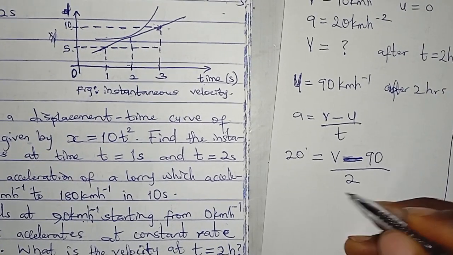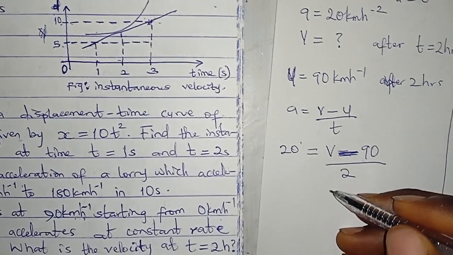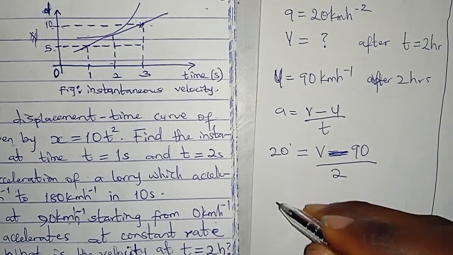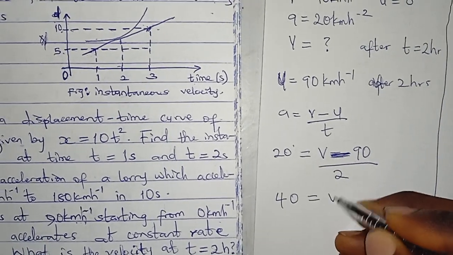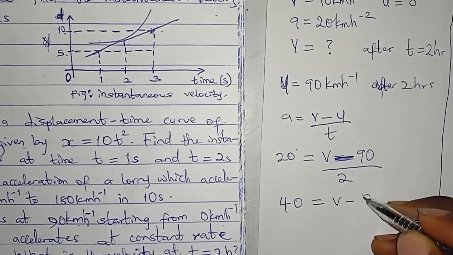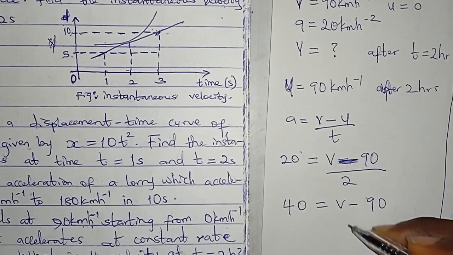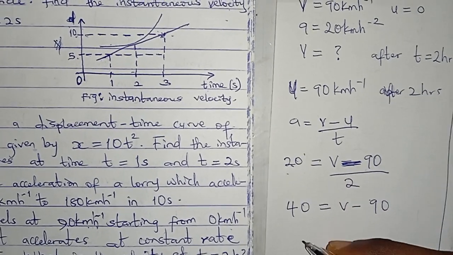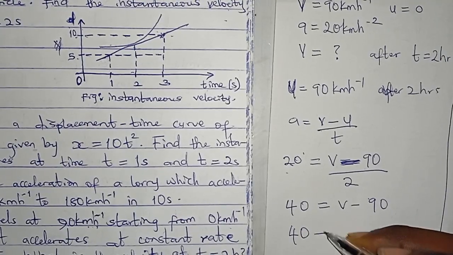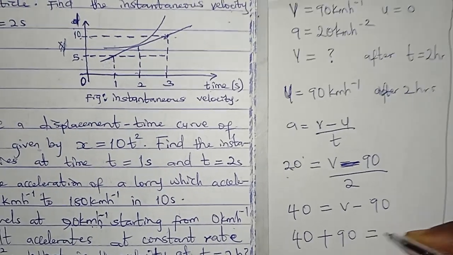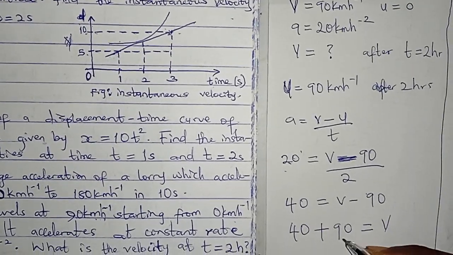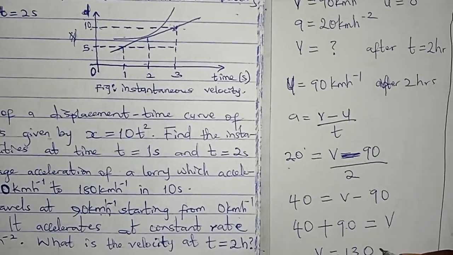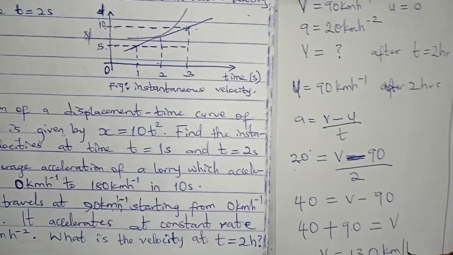At the end of the day, I'll convert. So cross-multiplying, we have 40 equals V minus 90, that is 20 times 2. So 40 plus 90 is equal to V. If you calculate, you put 130, so V is equal to 130 kilometers per hour.